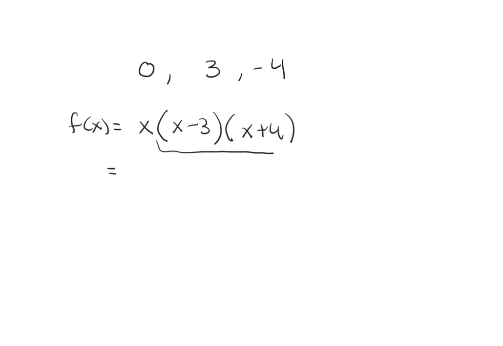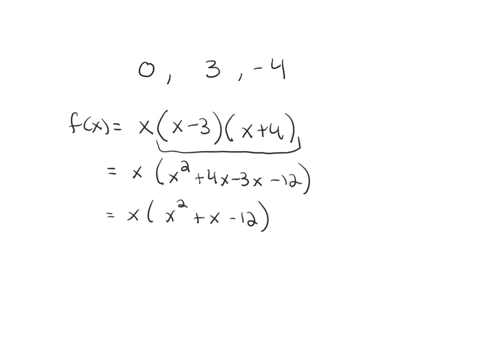So if I multiply here, I'll have x squared plus 4x minus 3x minus 12. So x squared plus x minus 12, and then distribute the x. So I'll have the polynomial function x to the third plus x squared minus 12x.